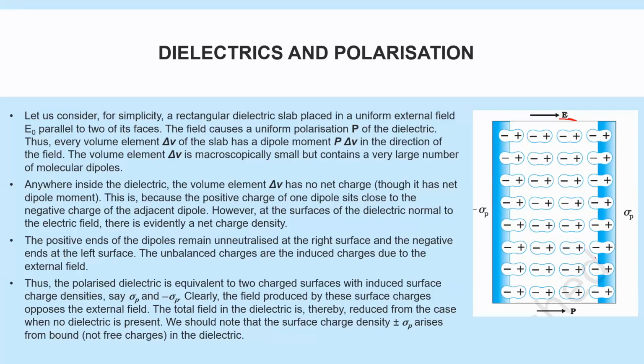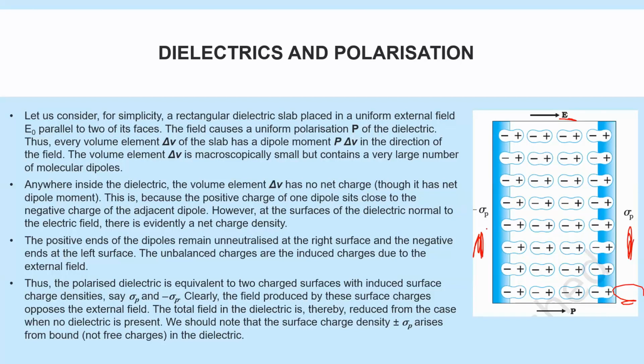But the surface of the dielectric is going to have some charge. You can see that the negatively charged parts of the dipoles are on the left hand side, and on the right hand side you can see the positives. So the positive ends of the dipoles remain unneutralized at the right surface, and the negative ends are on the left surface.